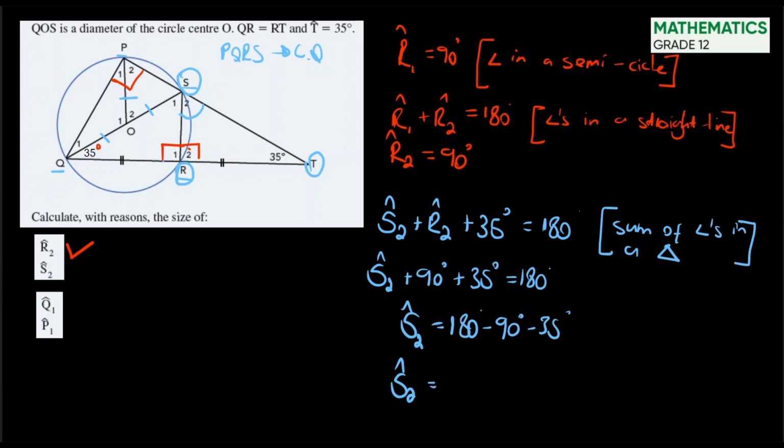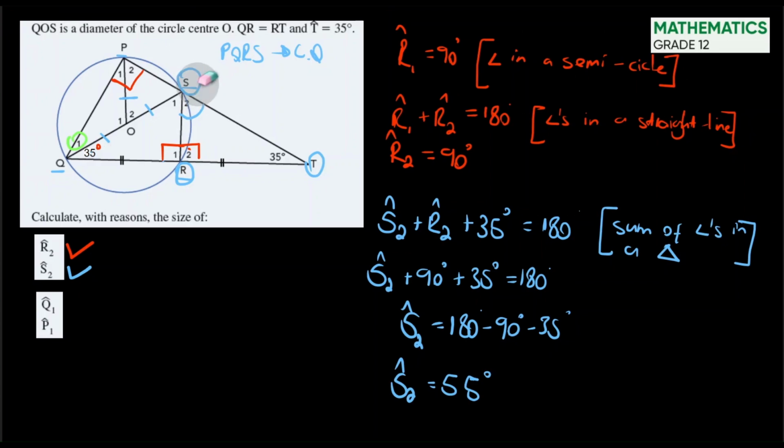So S2 simply equals 180 minus 90 minus 35, which gives us 55 degrees. So we calculated what S2 is. And let's move on to something even more interesting, which is angle Q1. How do we calculate angle Q1?